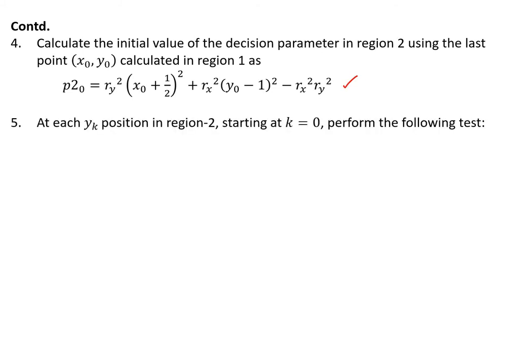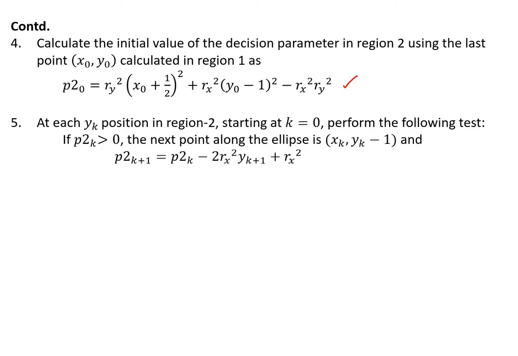At each yk position in region 2, starting at k equals 0, perform the following test. If p2k is greater than 0, the next point along the ellipse is (xk, yk minus 1). Now here we do not make changes on the x-axis. However, we will take a unit step on the y-axis. Y will decrease.